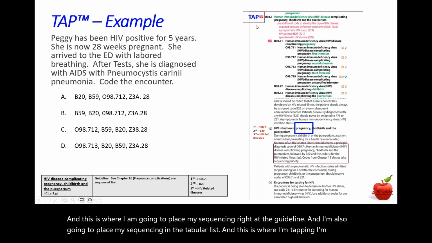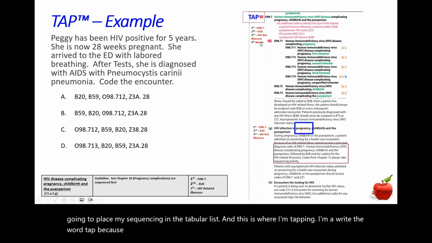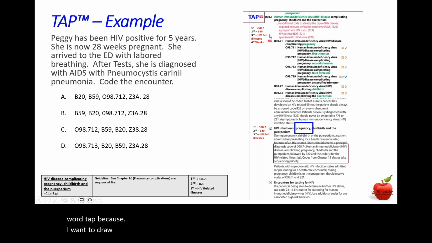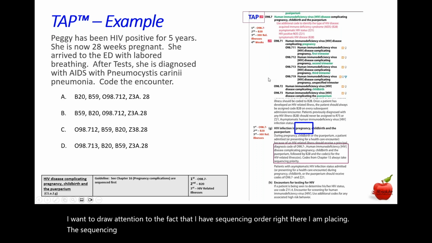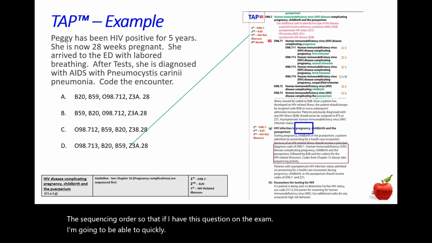I'm going to write the word tap because I want to draw attention to the fact that I have the sequencing order right there. I'm placing the sequencing order so that if I have this question on the exam, I'm going to be able to quickly identify it.